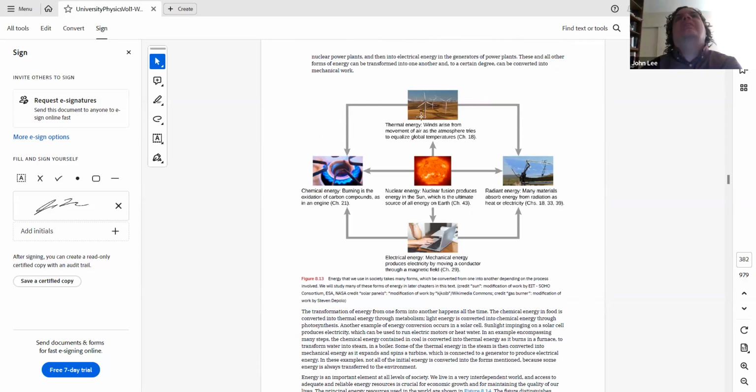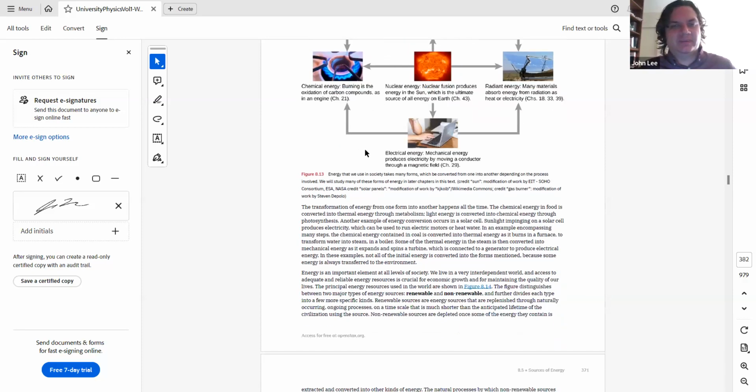I guess the materials that the Earth is made from also come from the sun or from space. So technically, nuclear energy also comes from the sun, but the sun works on nuclear energy, which releases radiant energy, which releases thermal energy. Electrical energy, to a certain extent, and chemical energy are mostly just properties of the matter that we're looking at.